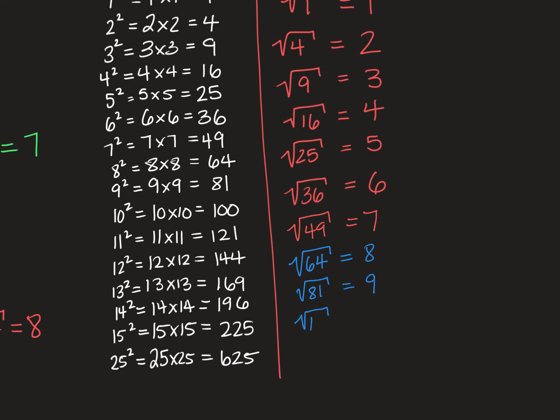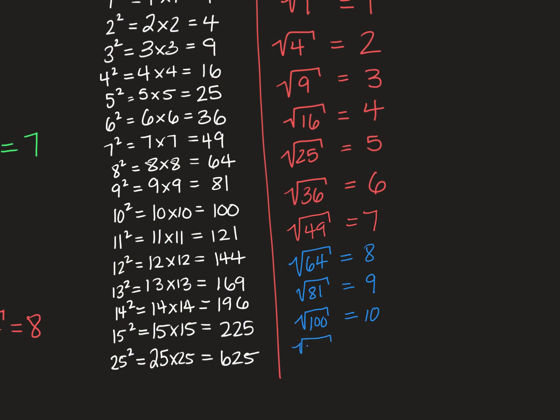The square root of 100 is 10 times 10, so it's not 50 times 2, it's 10. Square root of 100 is 10.